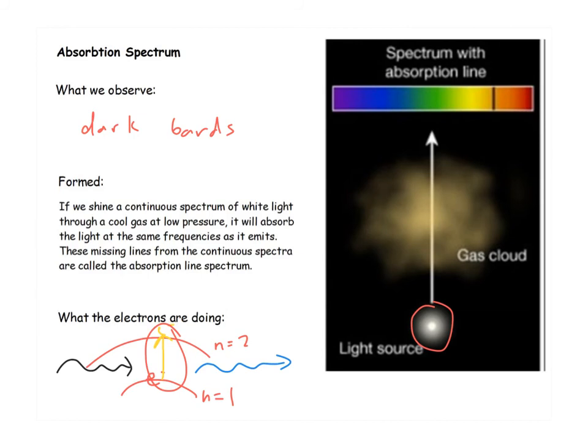So if you could look at the sun and separate it out with a very good diffraction grating, you would actually see these dark bands where you could determine, okay, this is the element in the Earth's atmosphere, this is elemental hydrogen absorbing around the sun and the sun's atmosphere. You would see these dark bands missing.